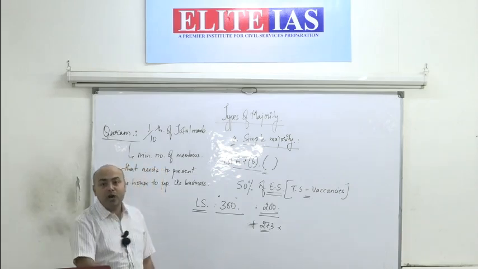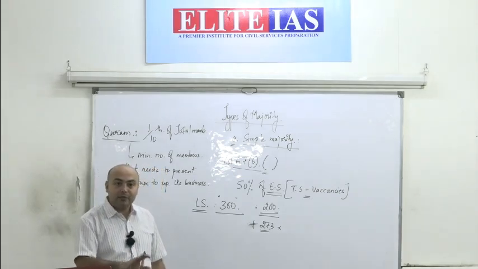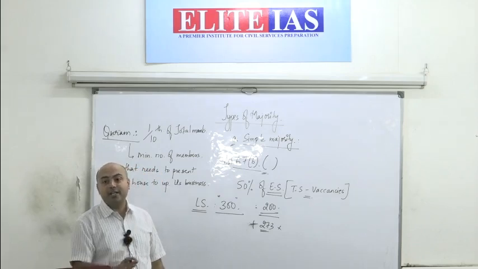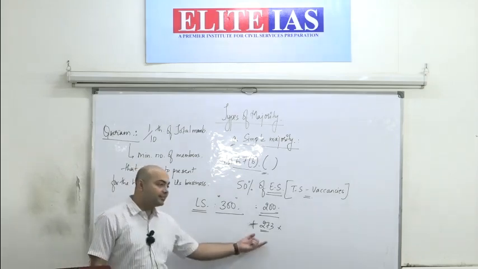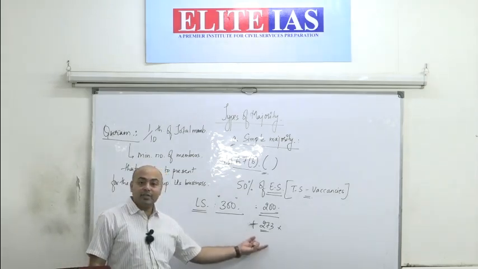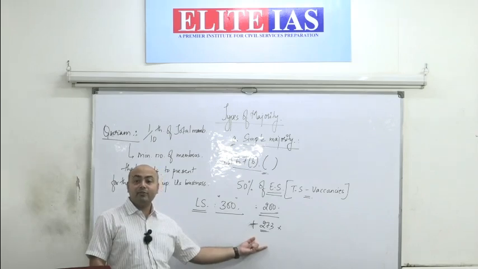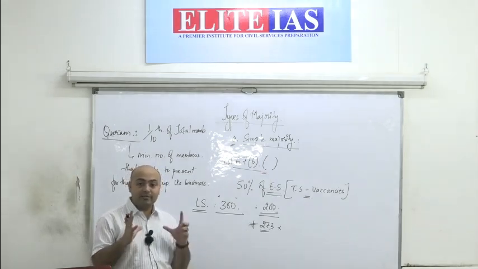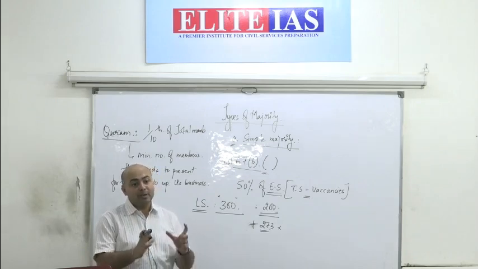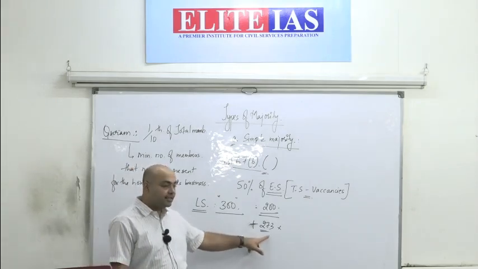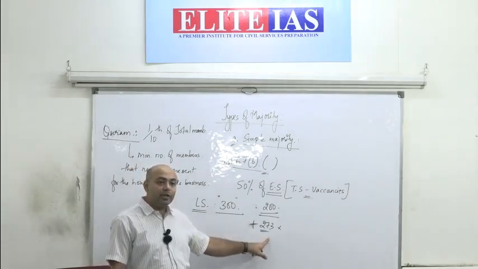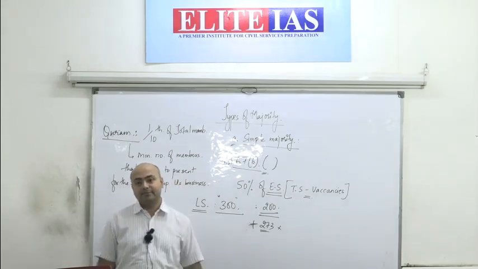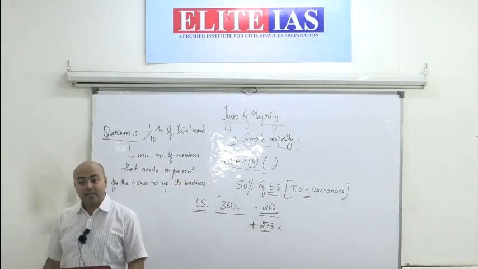Along with 2/3 members present and voting, what is that additional condition? The additional condition is more than 50% of the total membership of the house. That majority should also be present. So unless it gets 273 votes in the Lok Sabha, an amendment bill can never pass.